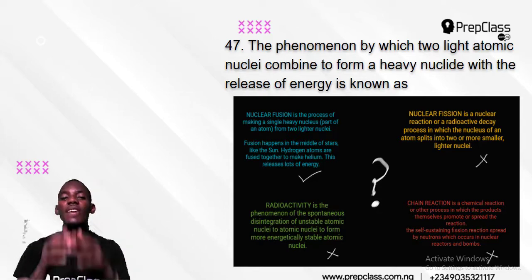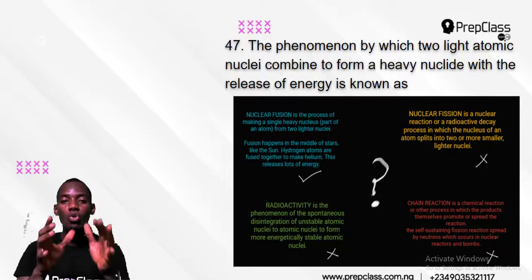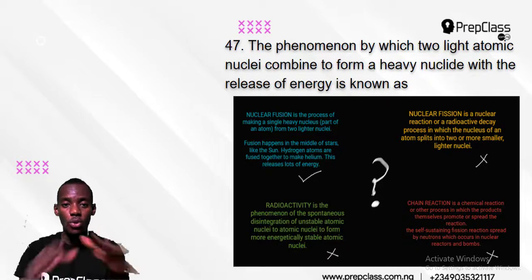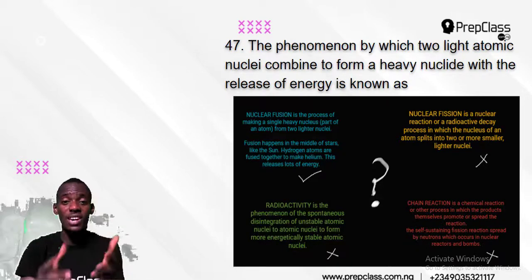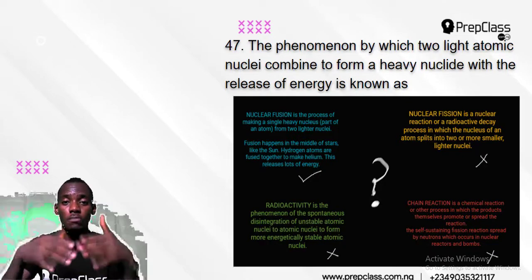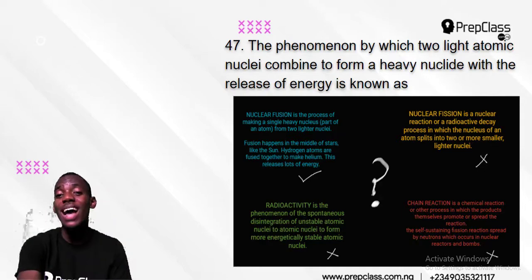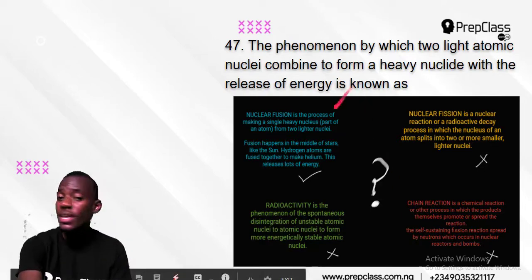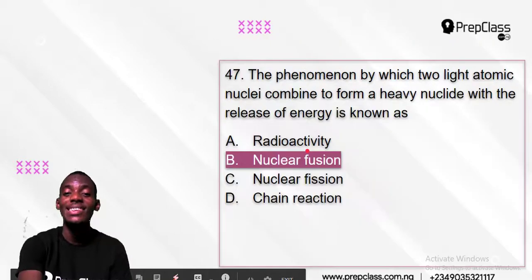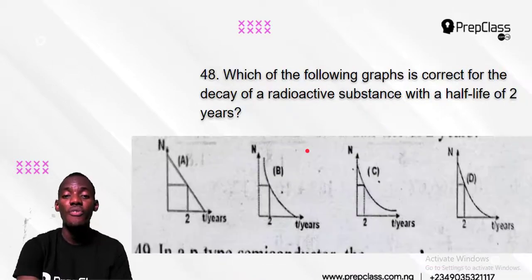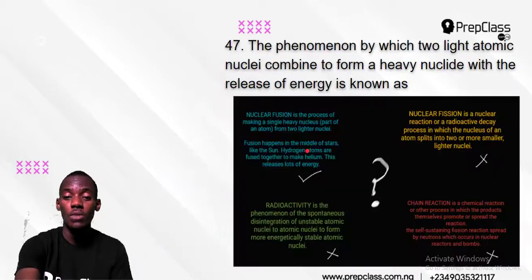Okay, in the process, if one breaks into two, two breaks into four, four breaks into eight, that is a chain. That is called chain reaction. So when the product produces another product, it's an example of chain reaction. But the answer to the simple question is just nuclear fission, and that is just the simple answer to the simple question.